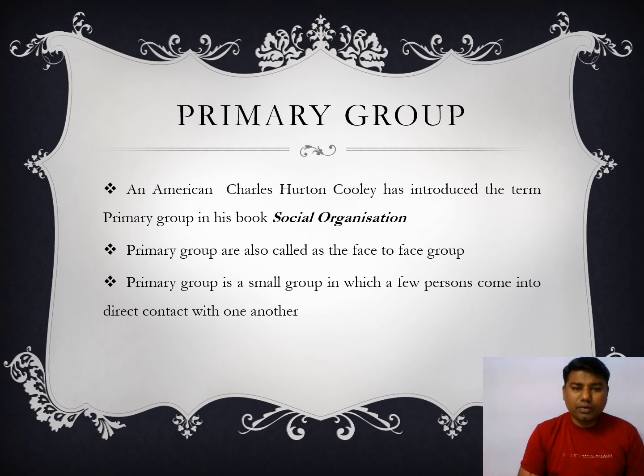In a family, as all of you know, we talk together, we sit together, we eat together, and there is a close relationship among the family members. So there is face-to-face interaction among family members. In a primary group, there is close bonding among the members, and the members interact with one another very frequently.